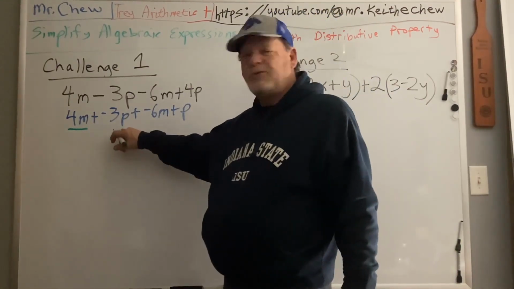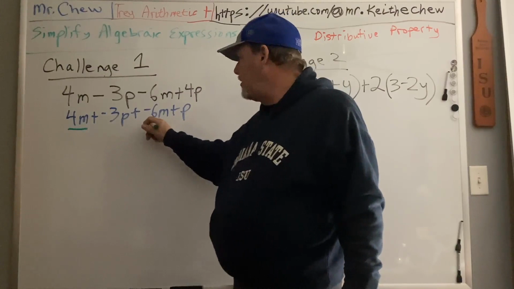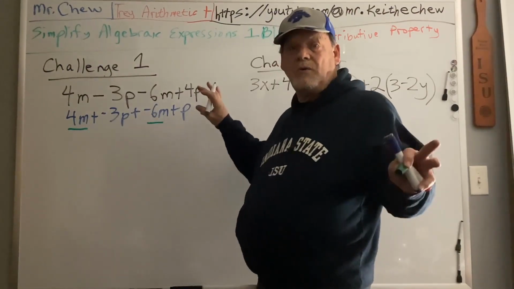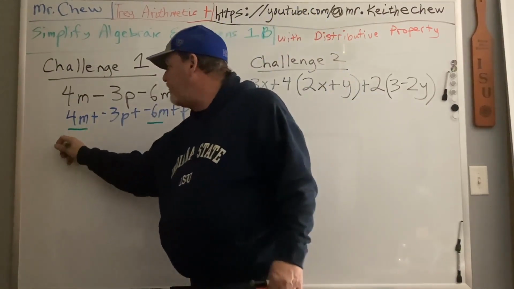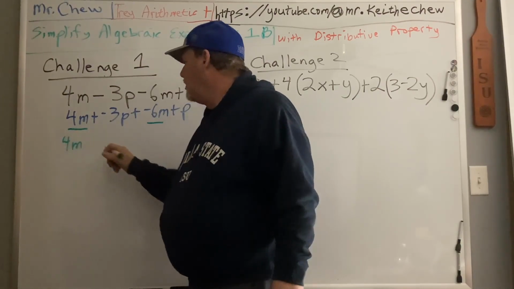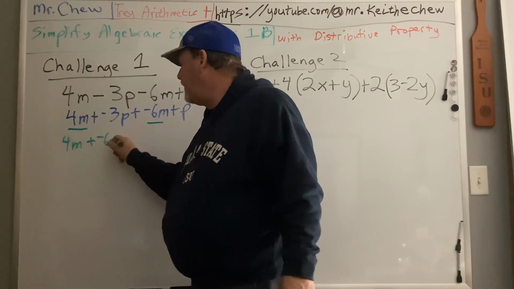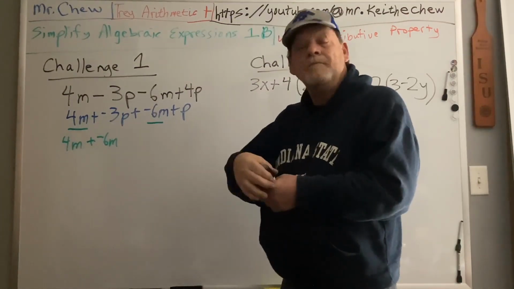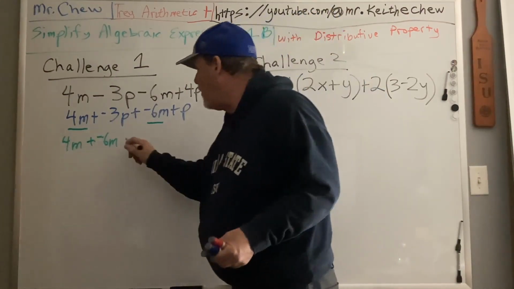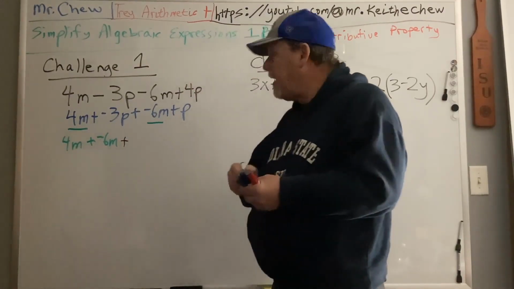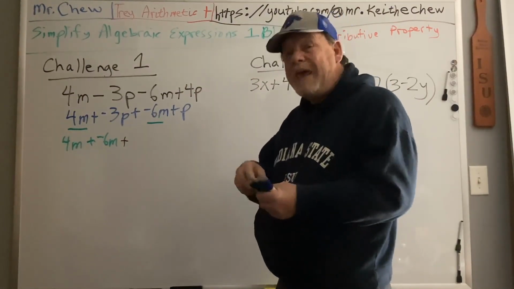Well, this doesn't have one, so I don't underline it. This sure does, so I underline it. This doesn't have one, I don't underline it. So I'm going to take my 4m and add it to my negative 6m. Now I'm going to add this to my like terms of p.